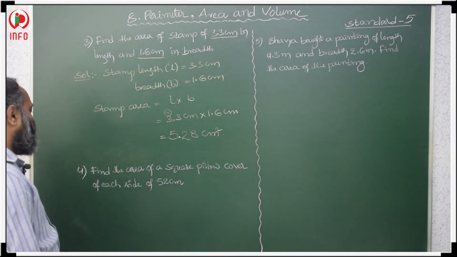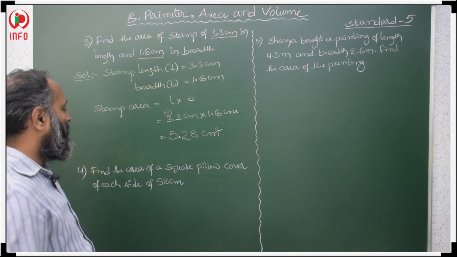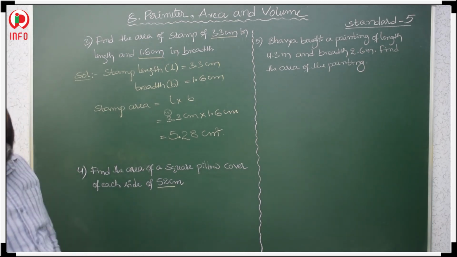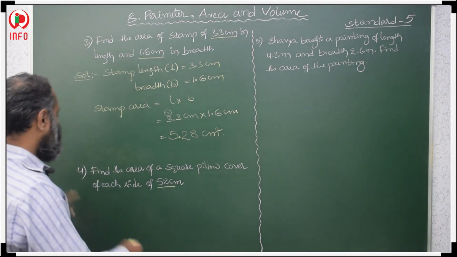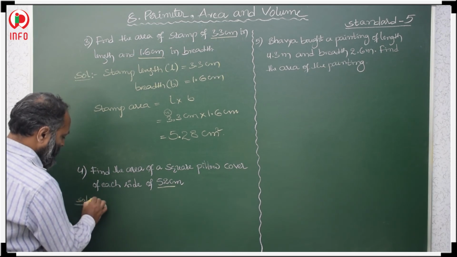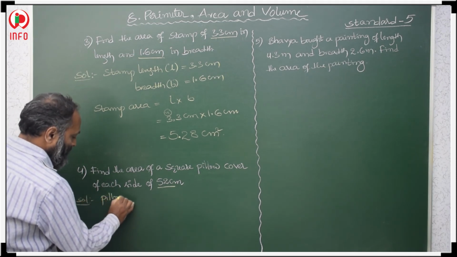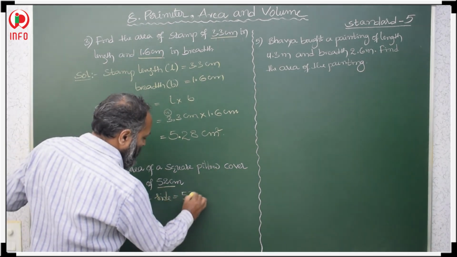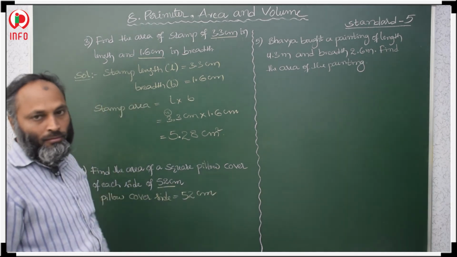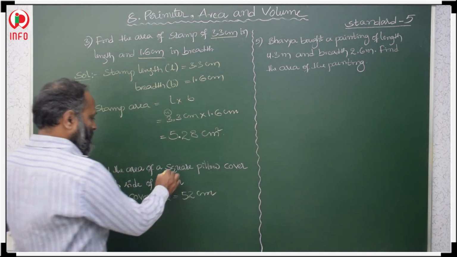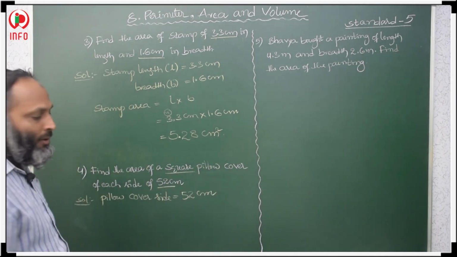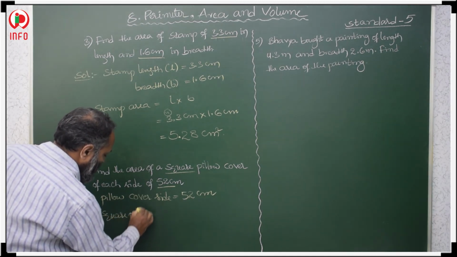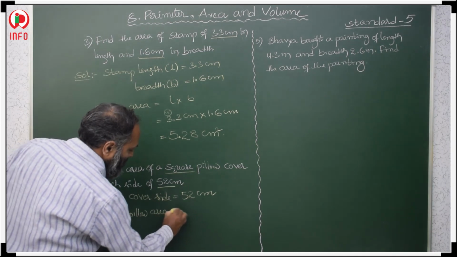Okay. Now, the next question, find the area of a square pillow. So, pillow side is given. That is 52 centimeters. Then what is pillow area? Pillow cover side is equal to 52 centimeters. This is in square shape. Square pillow is given. Now, square pillow area is equal to side into side.